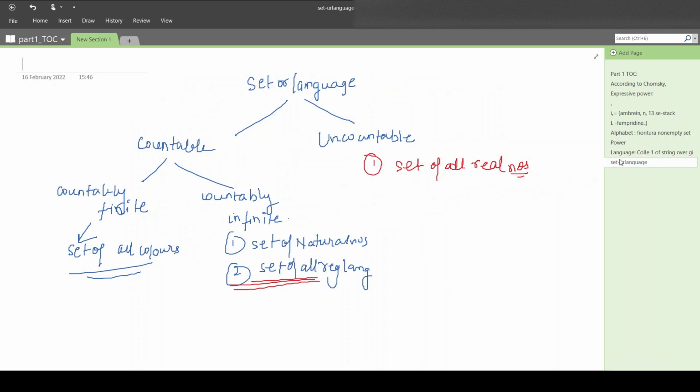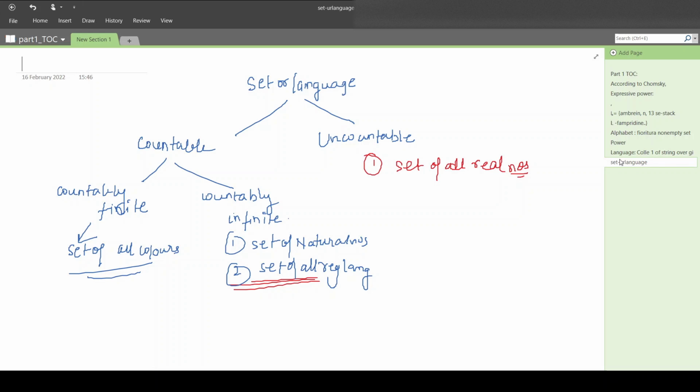And what about sets or languages? A set or language is divided into two parts, countable and uncountable. Countably finite, like the set of scholars, the set of all Indians, is countable, though it may take a certain amount of time.